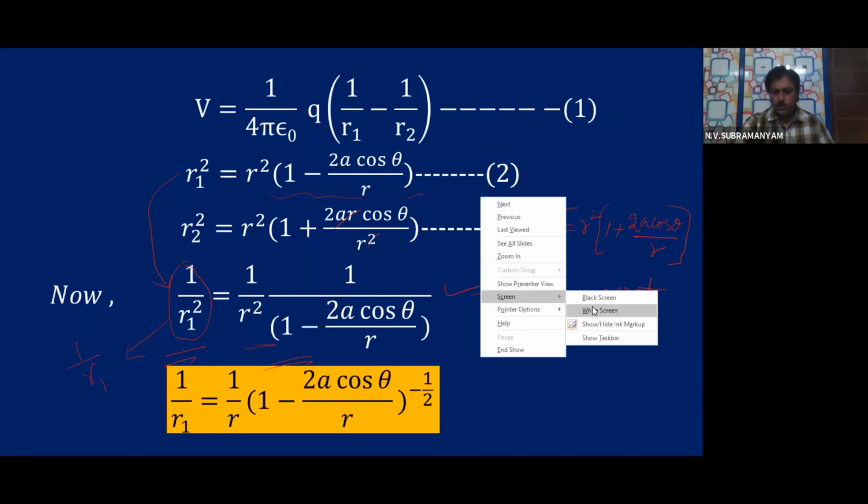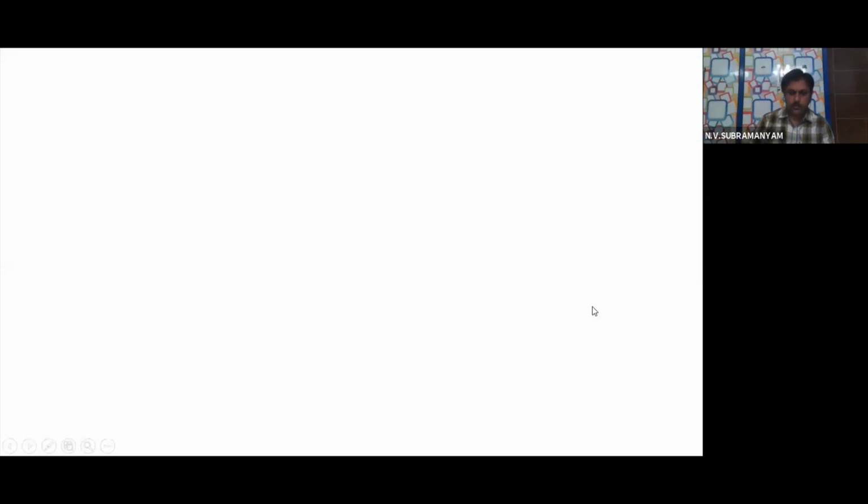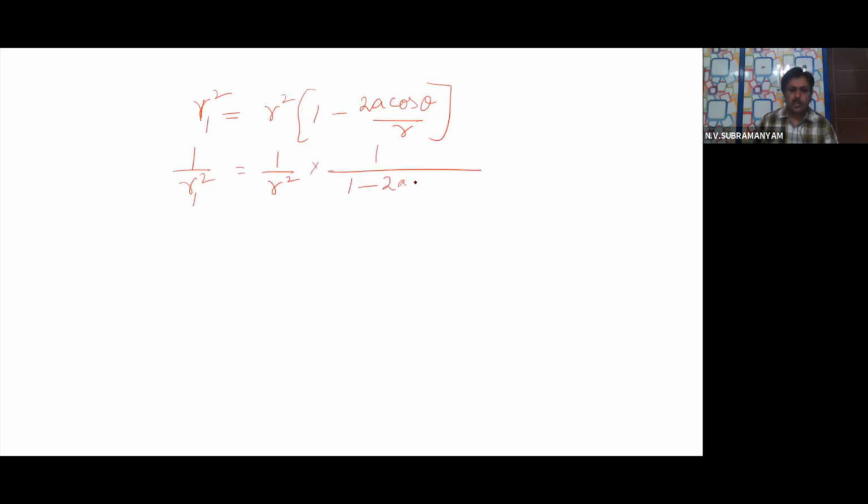One minute, you see. What is the value we are having? From r1 square I will show you, so that BPC students will not have any confusion. 1 minus 2a cos theta by r. Then I will get 1 by r1 square is equal to 1 by r square into 1 by 1 minus 2a cos theta by r.